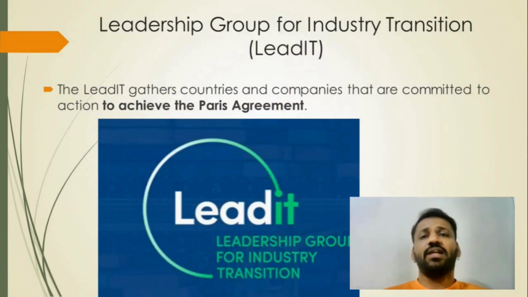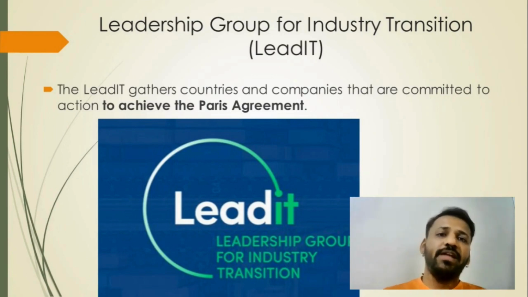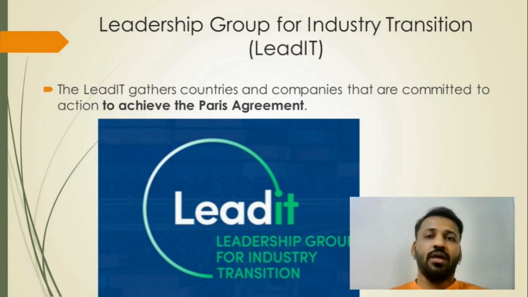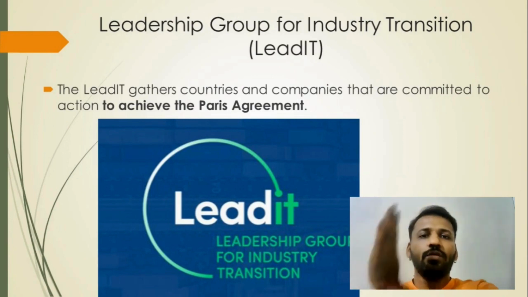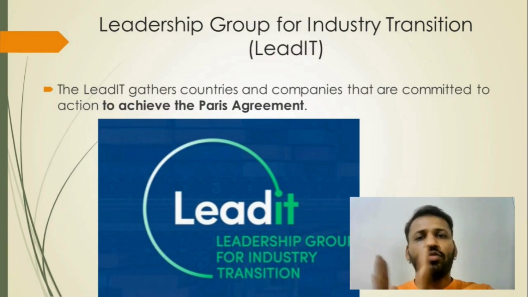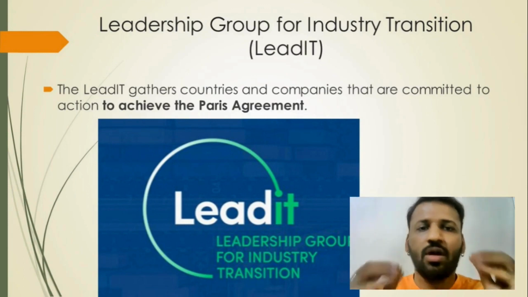Another initiative, again started at the initiative of the Indian Prime Minister, is the Leadership Group for Industry Transition. The Prime Minister of India and the head of Sweden started this LeadIT, the Leadership Group for Industry Transition. What kind of transition? Transition from non-renewable energy resources to renewable energy resources. Industry is very important for such a transition, because without industry, transition is not possible. If you want to achieve the Paris Agreement, we need to take industry along with us and not just governments.